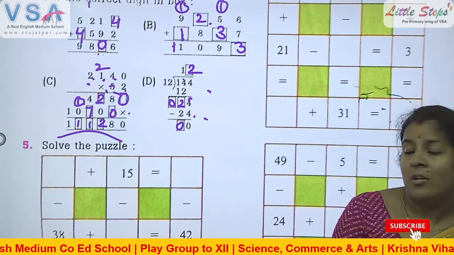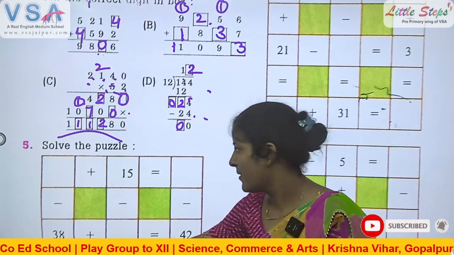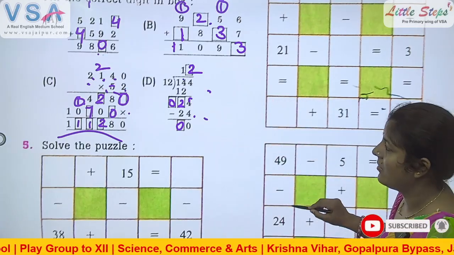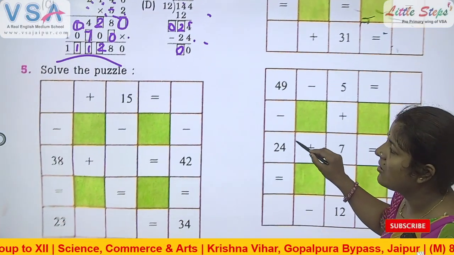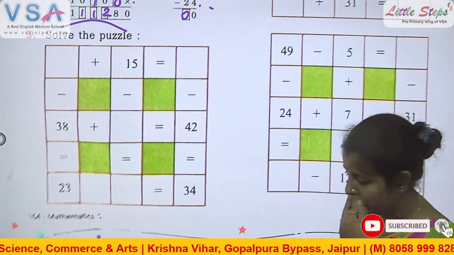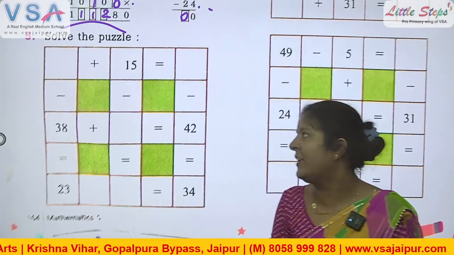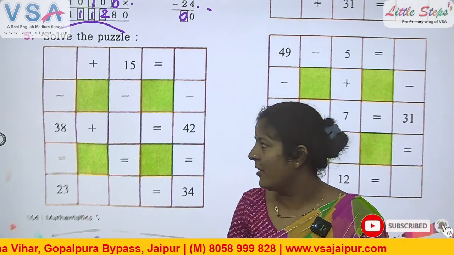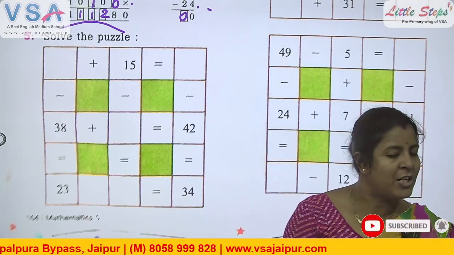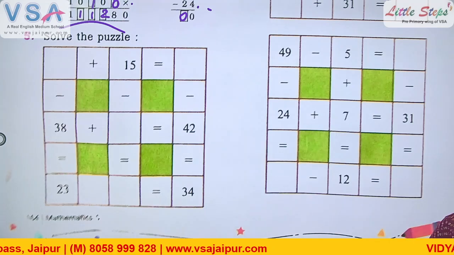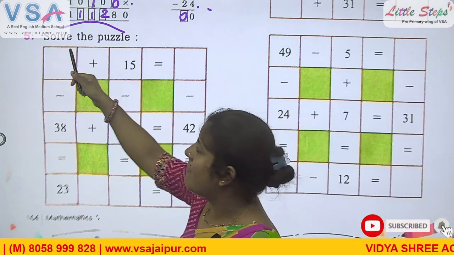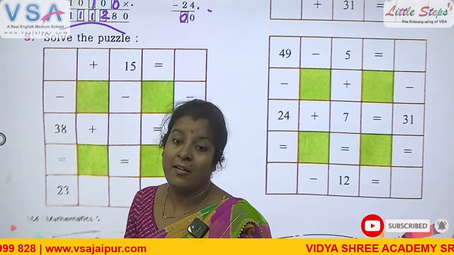Okay. Then the next is solve the puzzle. Which number goes on this side? We get the answer 23. Is it subtraction also? Yes and no? For the biggest number, can we add or subtract?